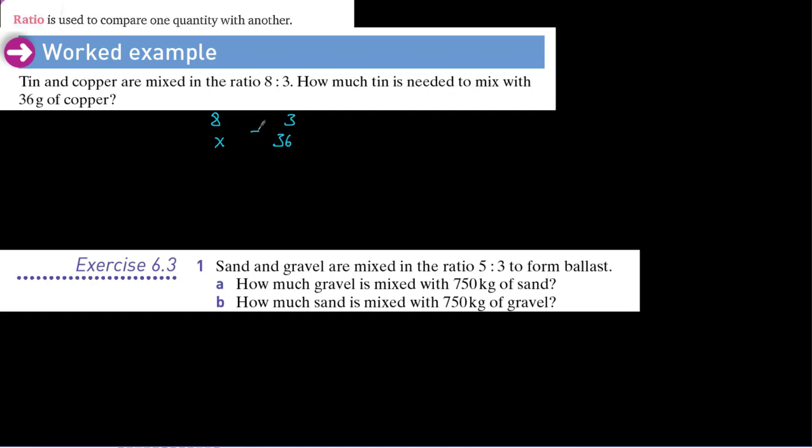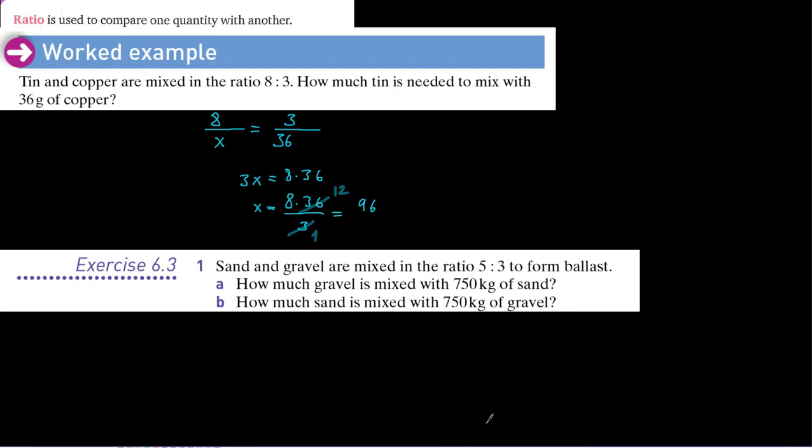And again, I'm going to use the direct proportion here. 3 times x, 3x is equal to 8 times 36, and x is equal to 8 times 36 divided by 3, which is equal to 8 times, and I can simplify 36 by 3, so this is 12 and this is 1. 8 times 12 is equal to 96 over 1, which is equal to 96.